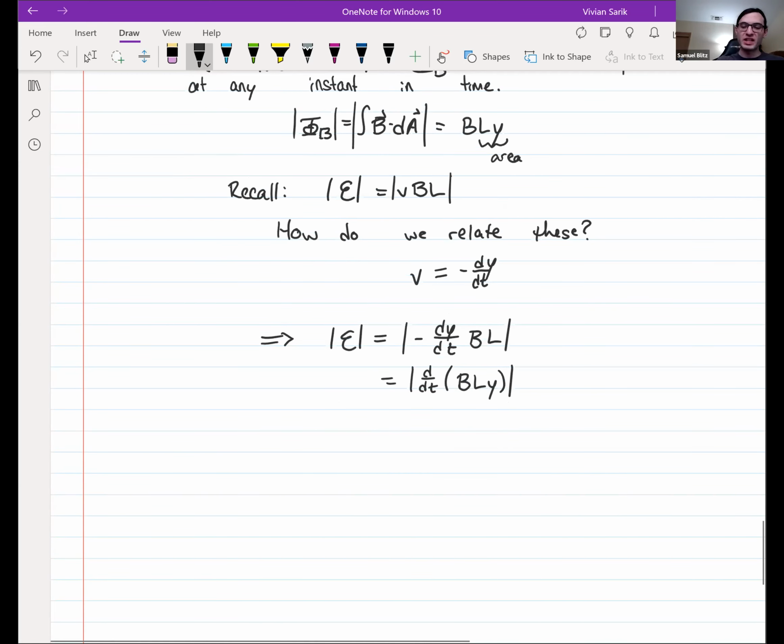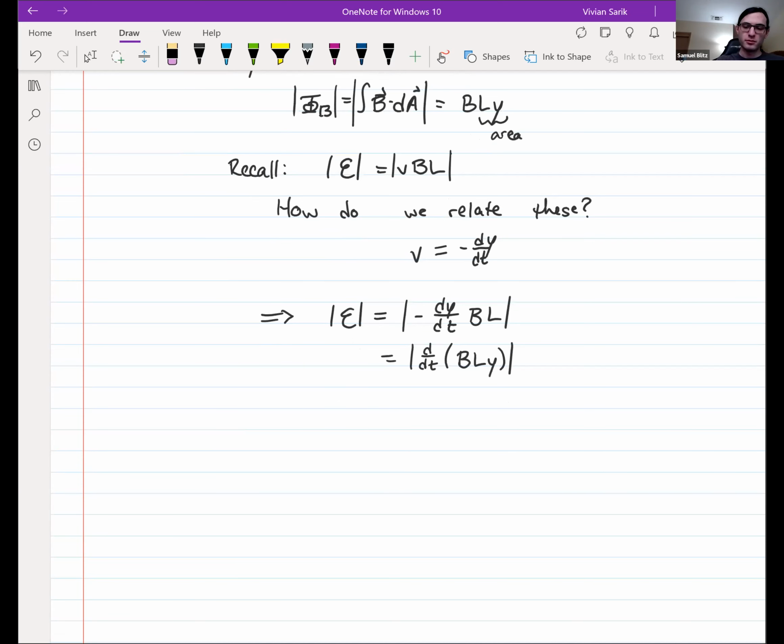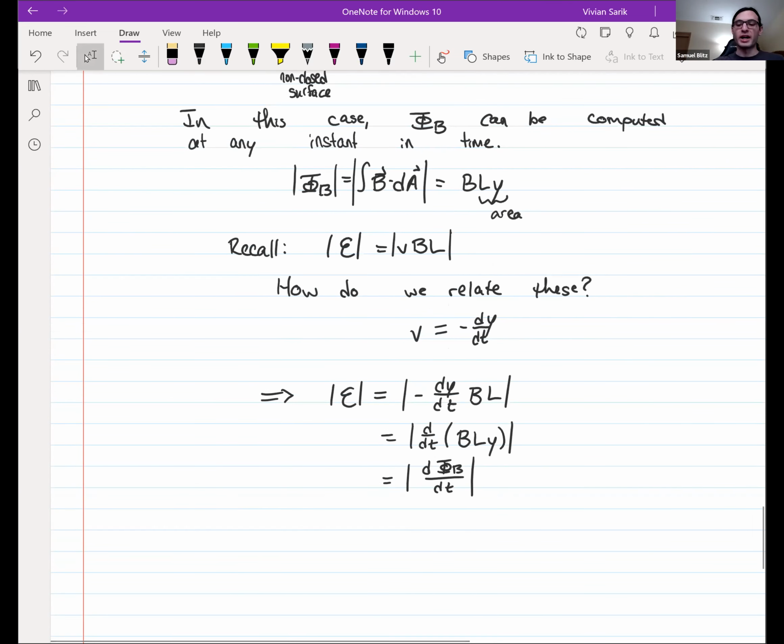And so we get that this is equal to the magnitude of the time derivative of the flux through the circuit. So BLy is the flux, d/dt is the time derivative, and this is a magnitude.